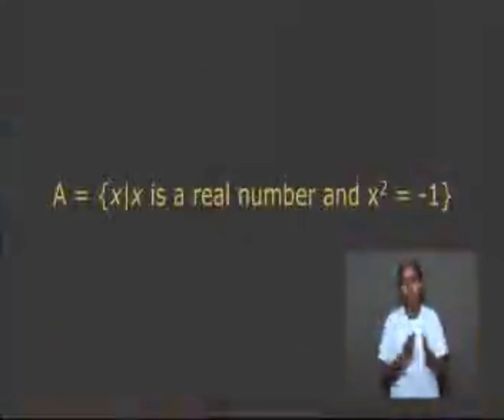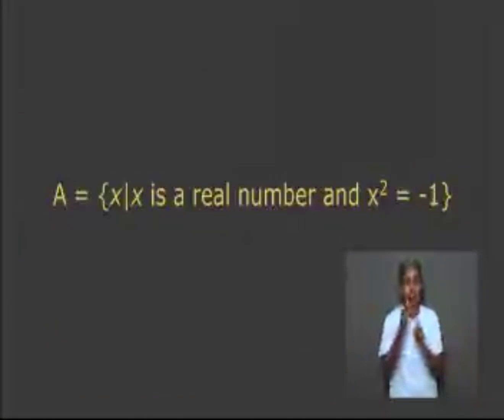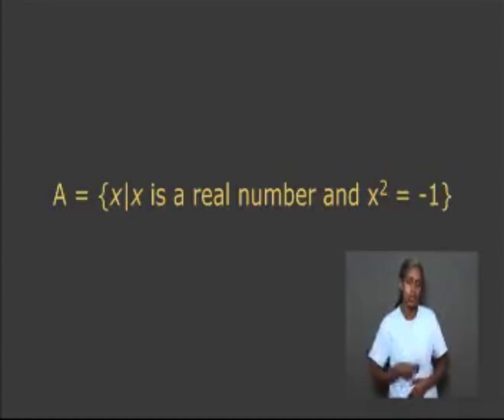It is possible for a set to contain no elements. For example, if the set A includes x, where x is a real number whose square is -1, there are no elements of x that can fulfill this set.